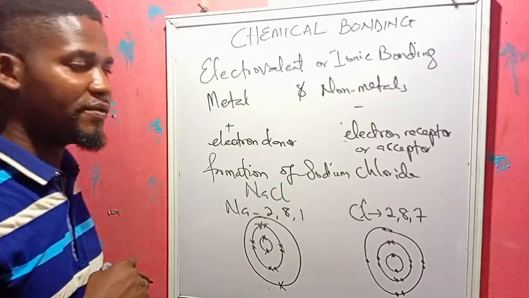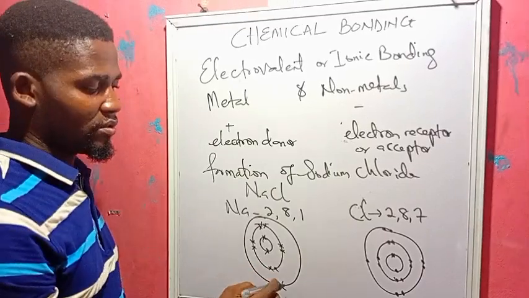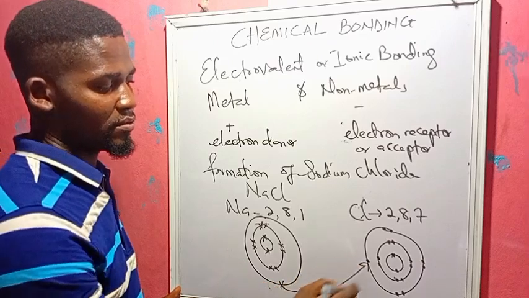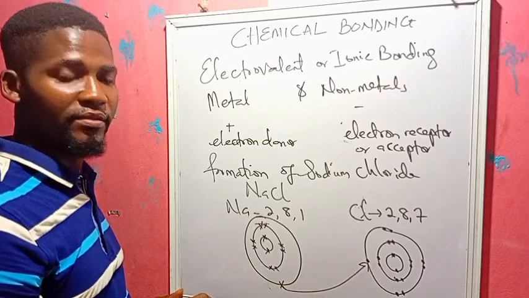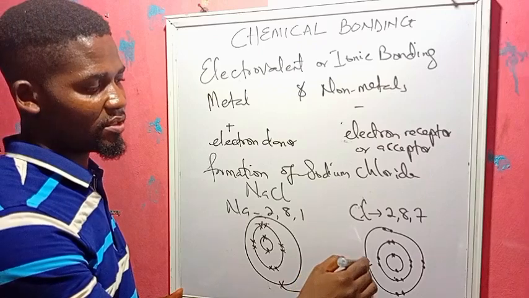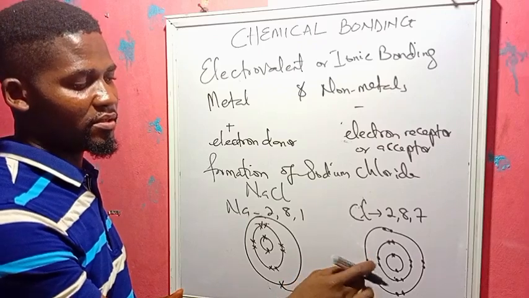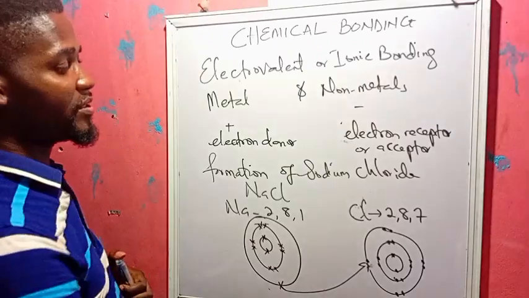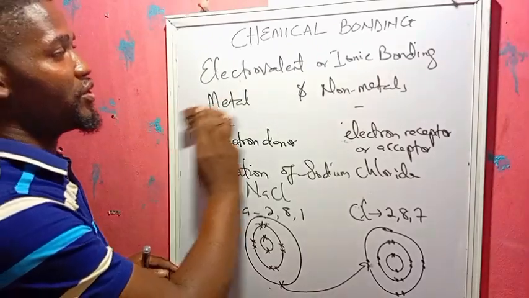What happens here is that sodium would lose this electron towards chlorine and it becomes accepted by chlorine. Then we have the new shell.